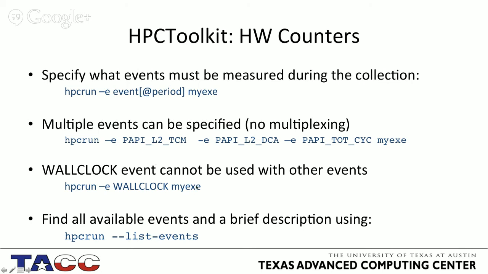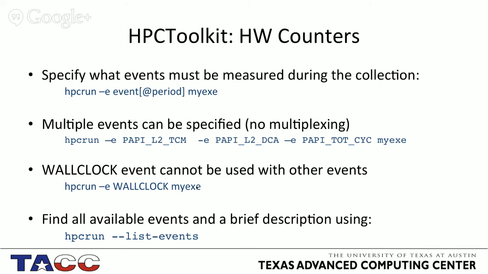Now you might be wondering, how do I know these names? PAPI, L2, TCM, you know, where did that come from, right? To look at those, you just do an hpcrun --list-events, and you will get probably about a page, maybe a page and a half of event names with a brief description. You would also have two columns that says, is this profilable or not?